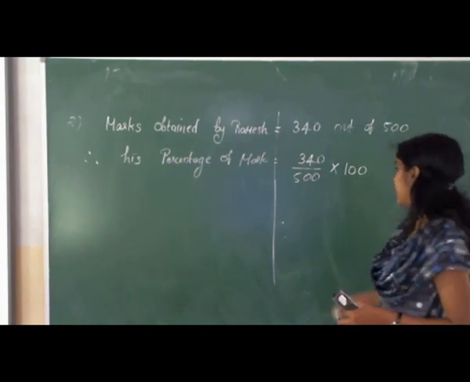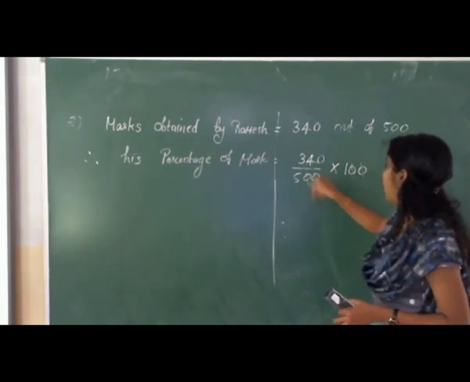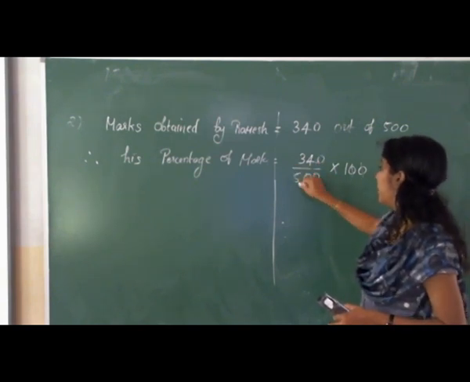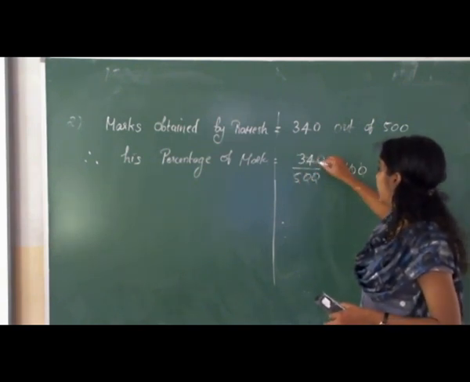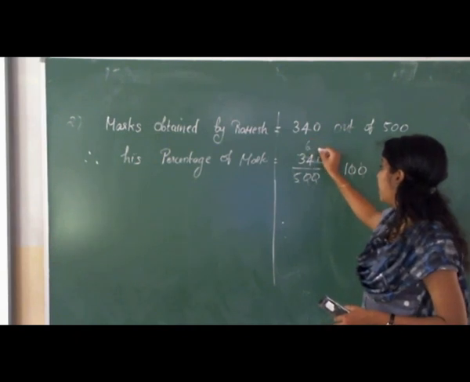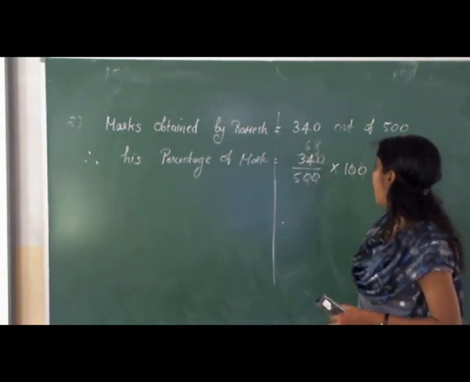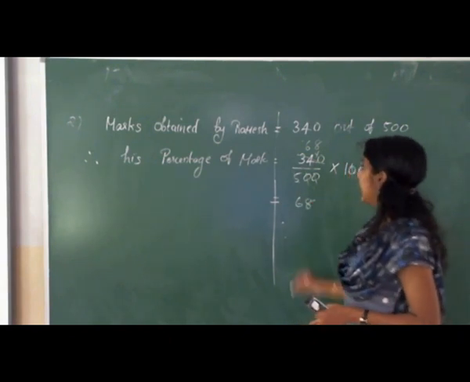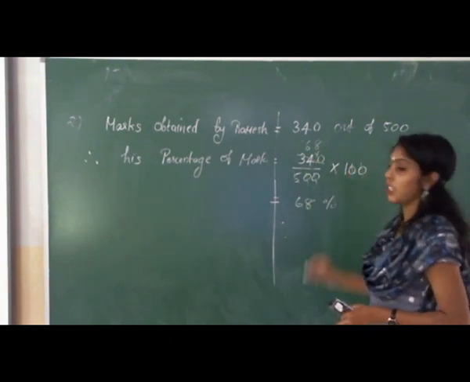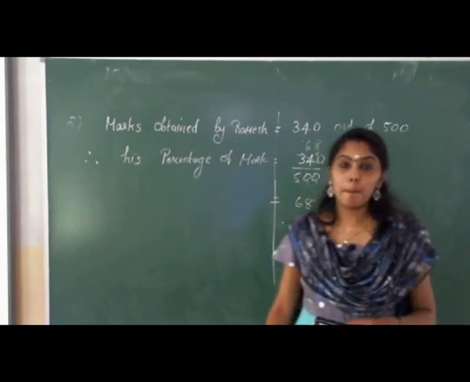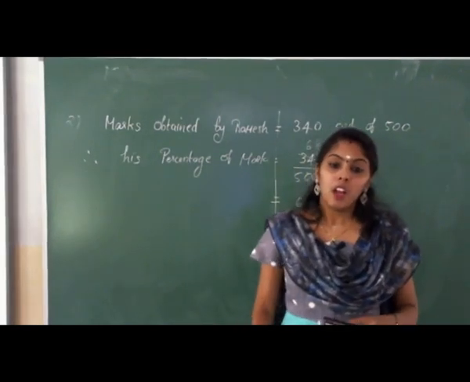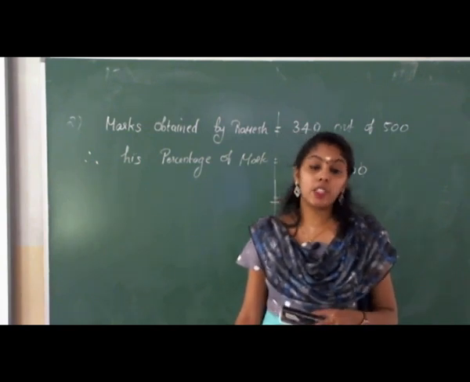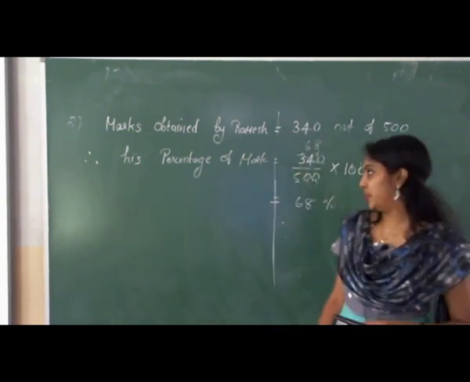Then 340 by 5, in 5's table, 6 5s are 40, 8 5s are 68 percentage. 68%.